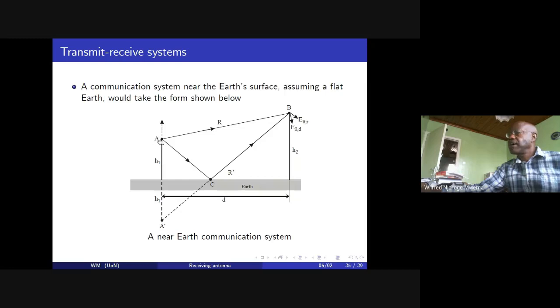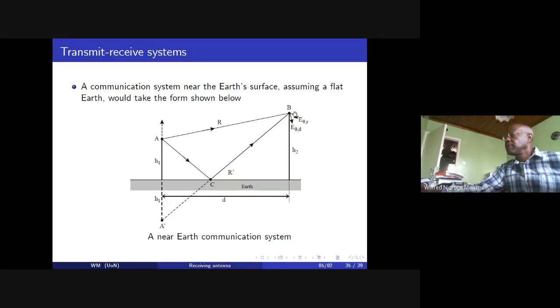But we can also have another wave transmitted down towards the Earth's surface. It will impinge on the Earth's surface at a point C and be reflected at an equal angle, that is, angle of incidence is equal to angle of reflection, and it will arrive at B through the path R prime.